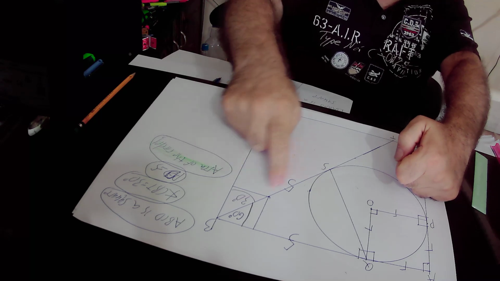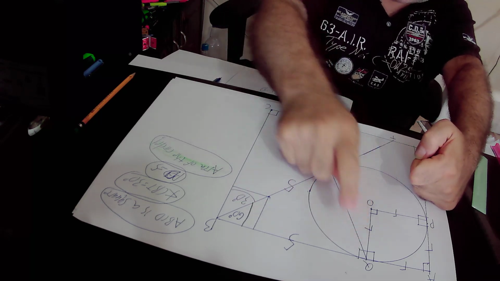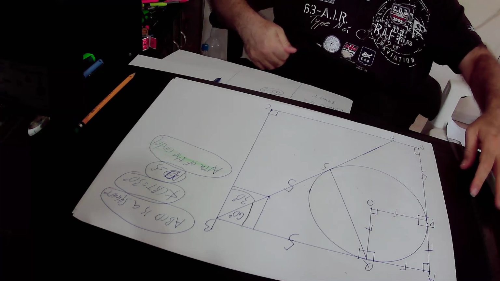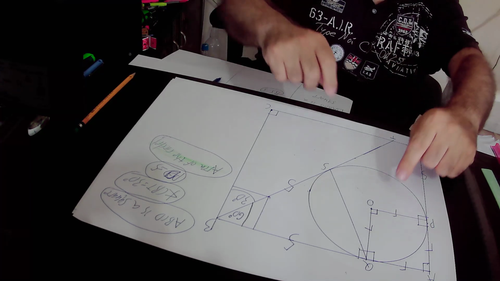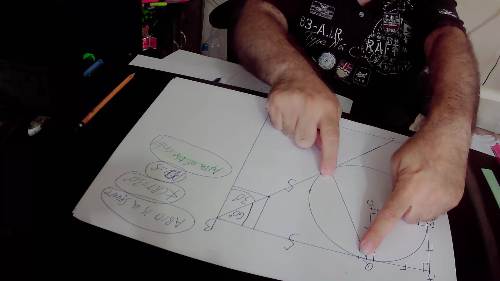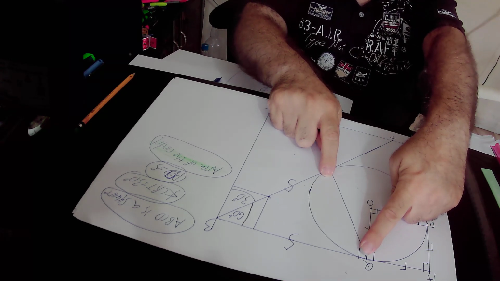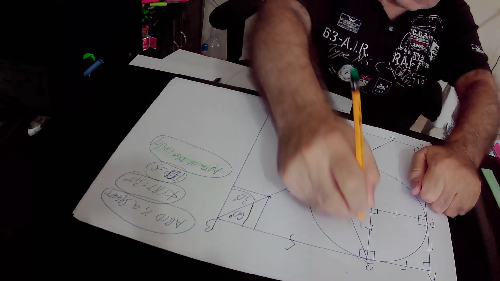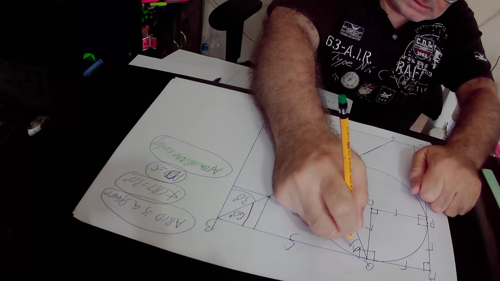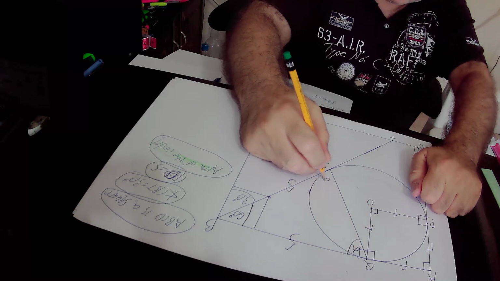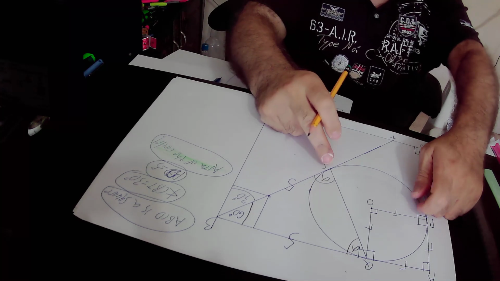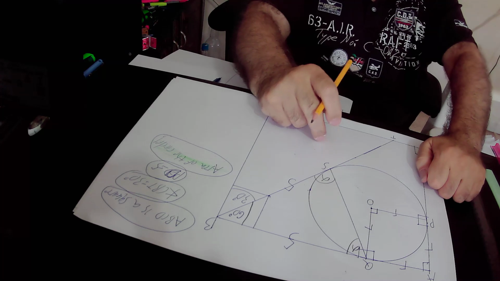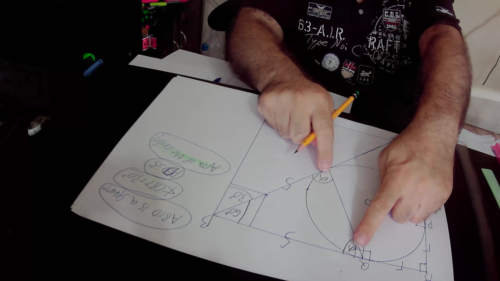That is to say, side BS equals side BQ. And we have the rule that in front of equal sides in the triangle, there are equal angles. So if we define this angle as alpha, then this angle must also be equal to alpha. Those two angles, they are both equal to alpha.